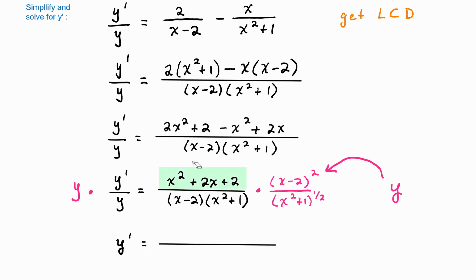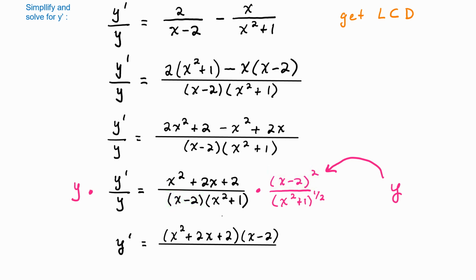On the right-hand side, we have this quantity x squared plus 2x plus 2. And this x minus 2 in the denominator cancels one of these, so we have left in the numerator quantity x minus 2.